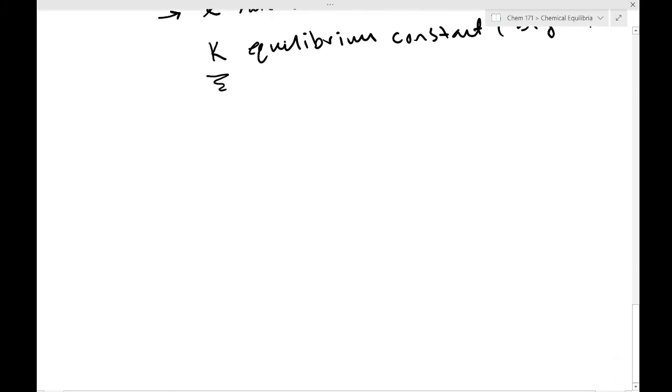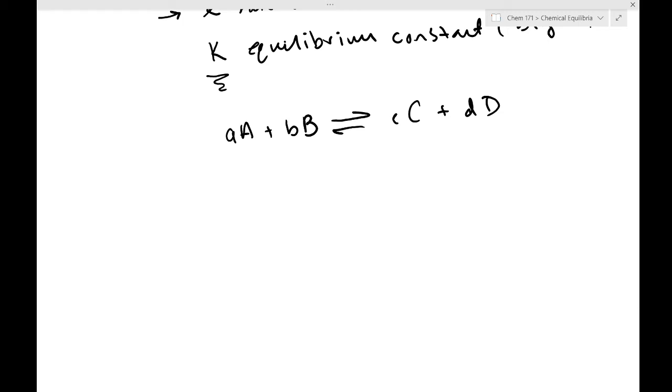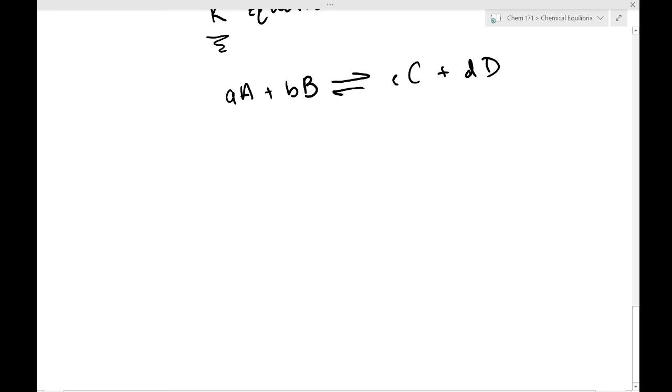So let's set up a generalized equilibrium. We have our two reactants happening here. a moles of A and b moles of B are reacting to form c moles of C and d moles of D. This is our generalized reaction. Now, we are going to make a definition.